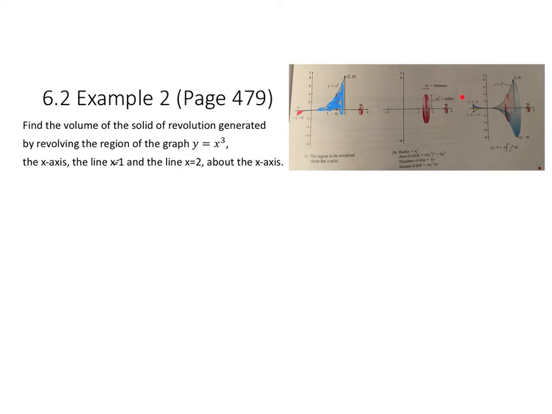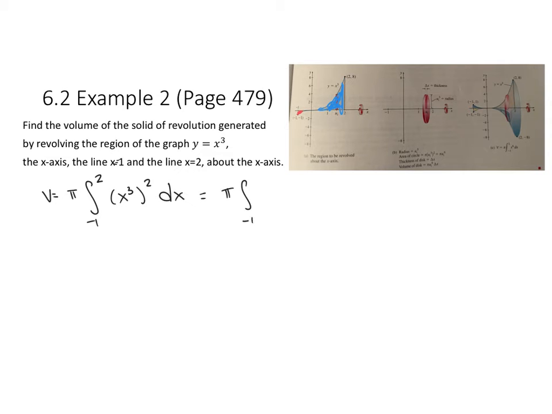So let's see what we're going to do for our volume formula. The volume is still pi, because we're using the disk method, so it's always pi on the outside. The first line we're going to start at is negative 1, then we go to positive 2. My radius is x cubed squared times dx. All right, let's simplify that.